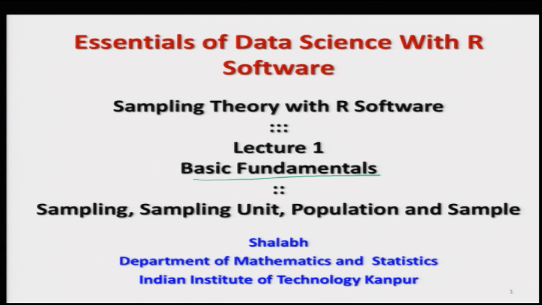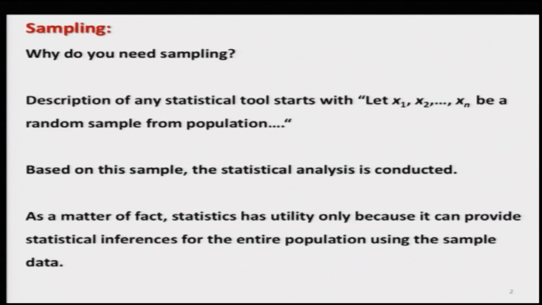Okay. So, the first question comes over here: what is sampling and why do you need sampling? For example, those who are from a statistics background or those who are using statistical tools will find that the first line of a topic is: let x1, x2, ..., xn be a random sample from some population, say normal, binomial or some given population.